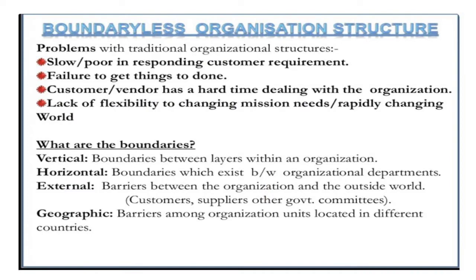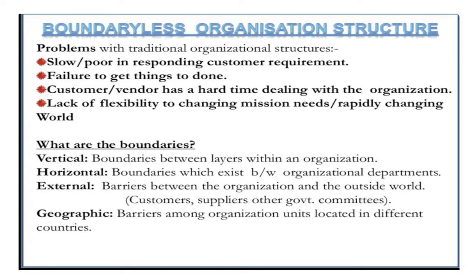Then, coming to boundaryless organizational structures. Traditional organizational structures have problems: they are slow or poor in responding to customer requirements, they fail to get things done, customers or vendors have a hard time dealing with the organization, and they lack flexibility for changing mission needs in a rapidly changing world. That is why the boundaryless organization structure was created.